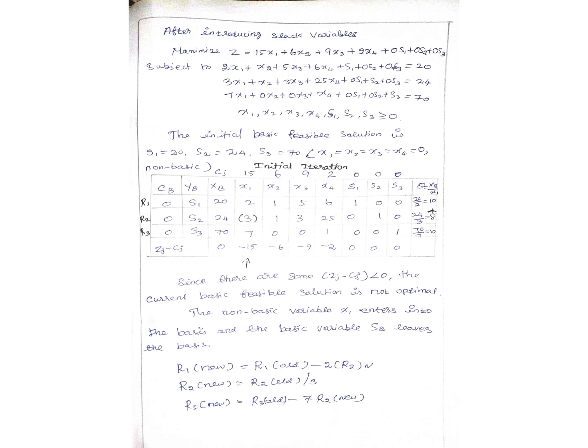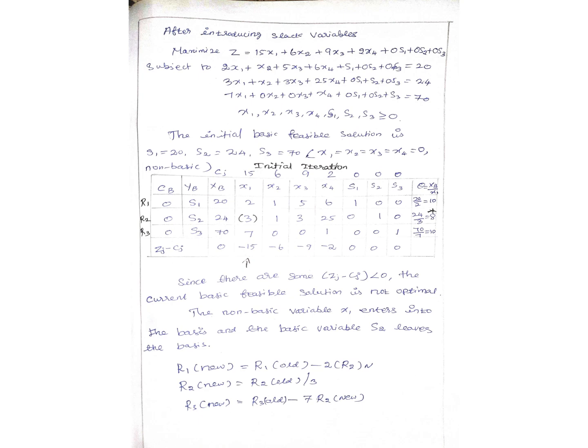Next column: 0 into 5 plus 0 into 3 plus 0 into 0 minus 9. So the answer is minus 9. Next column, we multiply 0 into 6 plus 0 into 25 plus 0 into 1 minus 2. So we get minus 2.